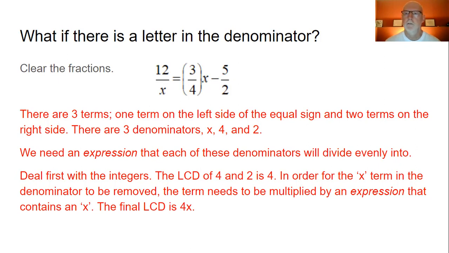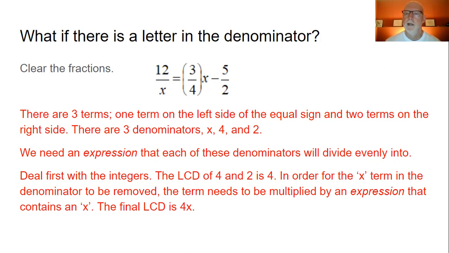Look at the denominators, x, 4, and 2. So we need, in this case, an expression, because we've got a letter. Now it becomes an expression that each of these denominators will divide evenly into. Dealing first with the integers, 4 and 2, the least common denominator of 4 and 2 is 4.